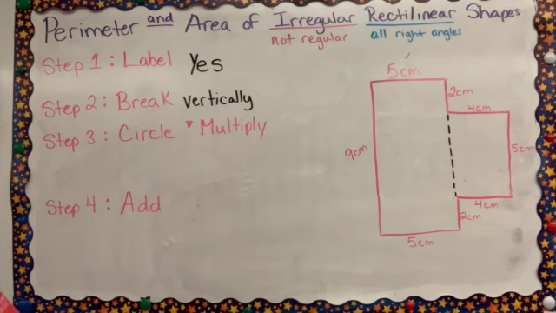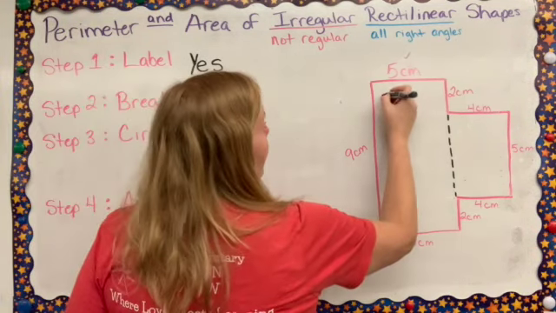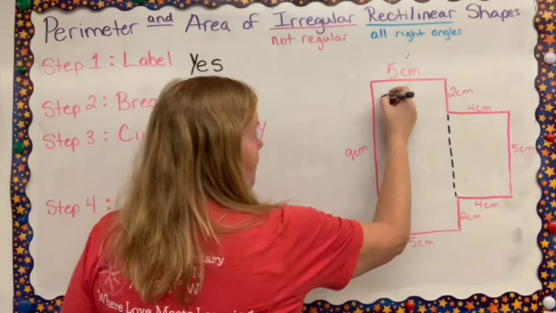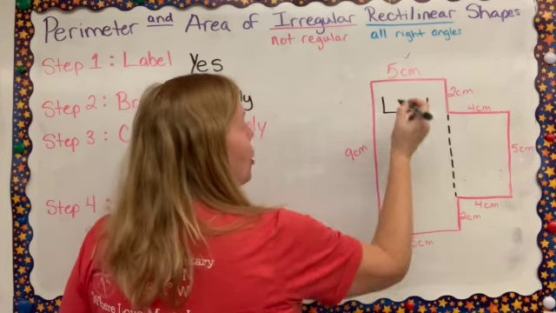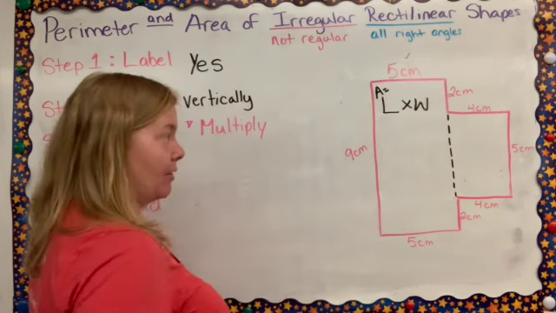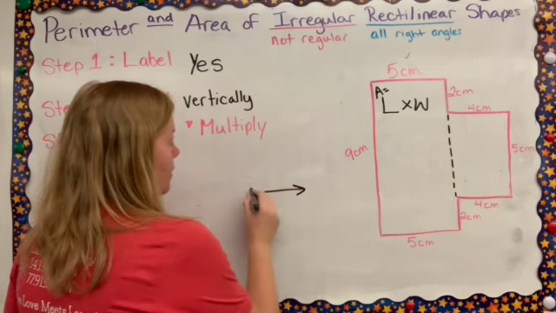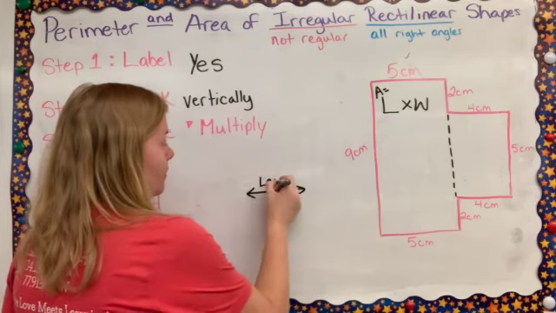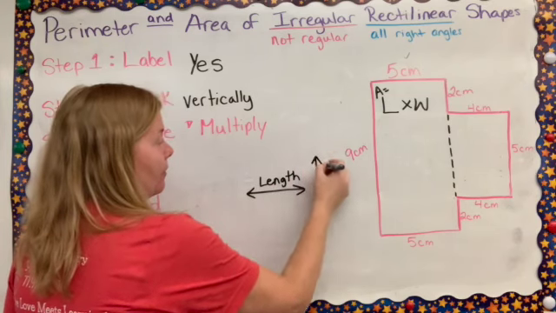Now we need to circle and multiply, but before we can circle, we have to kind of analyze. We have to figure out what is the length and what is the width. I like to do mine on paper and put length times width in here because I want to know what my area is going to be, and its area equals length times width. What is my length and what is my width? Remember, length is going this way and width is going this way.